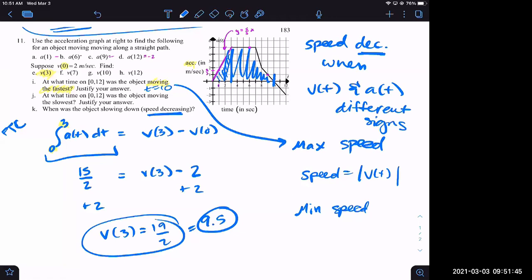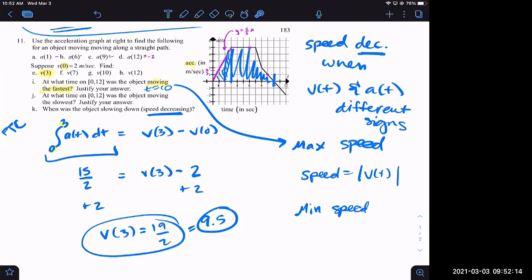Is velocity positive? Well, actually, if we just read the question, it tells us the acceleration graph is of an object moving along a straight line. Oh, I guess it didn't say always moving forward. But velocity is always positive because velocity is the area under the curve, and the area under the curve is positive until 10. And like I said, even after 10, it's still positive because we're subtracting, but not enough to make it go negative. So velocity is always positive.